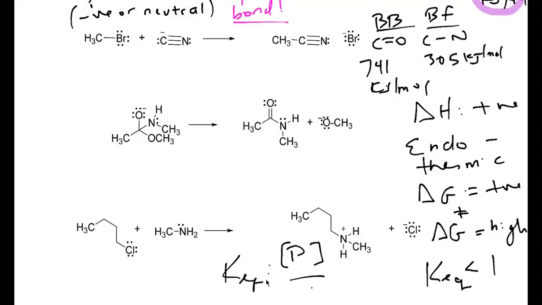If the denominator is a big number, then KEQ is going to be a small number, right? So it'll be less than 1. Does that make sense? Yes, thank you.